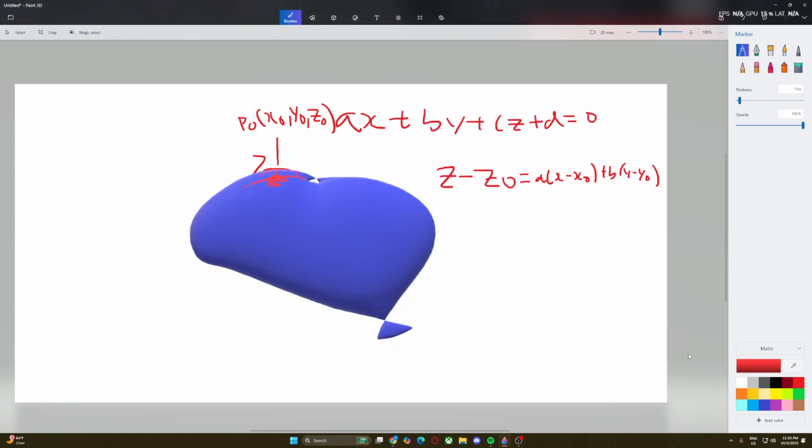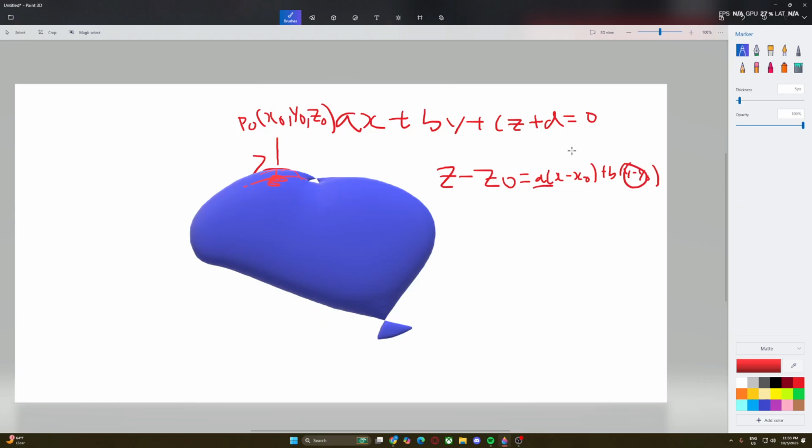Let me just read through this. The intersection of the plane y equals y0 is the tangent line t1. Basically, when y equals y0, a is the slope of the tangent line.